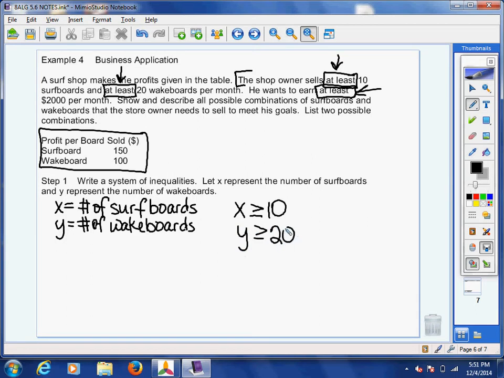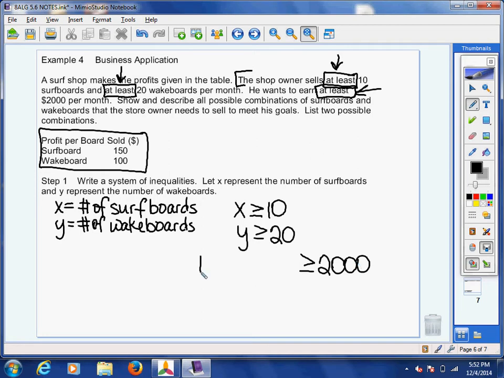Okay, looks good. And then our third inequality has to do with money. He wants to make at least $2,000 per month. So that's going to be greater than or equal to 2,000. And we need the table to fill in that profit margin for us, okay? Profits per board sold.